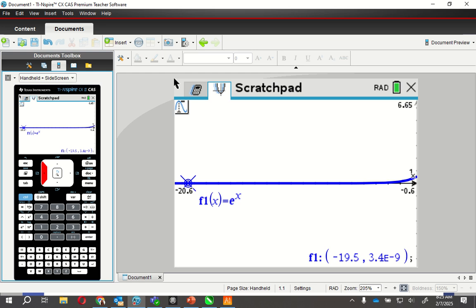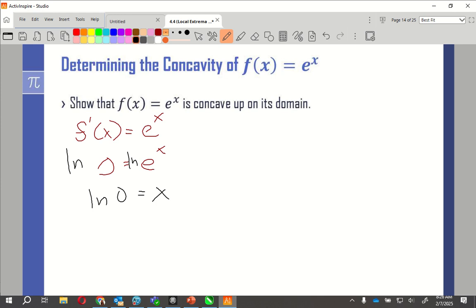So there are no places where this is going to be equal to 0. Okay, that's helpful. So this is going to be none, right?